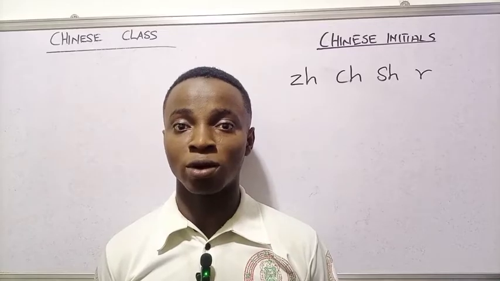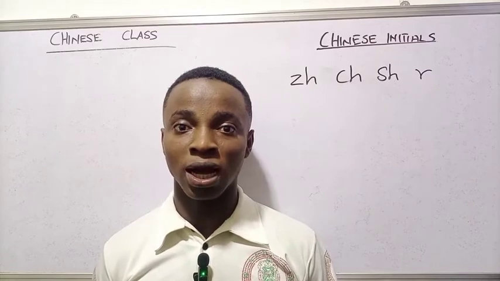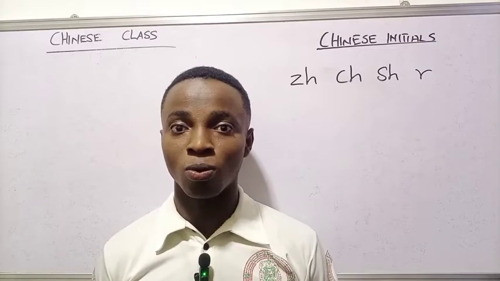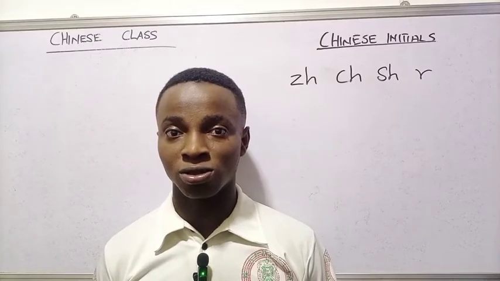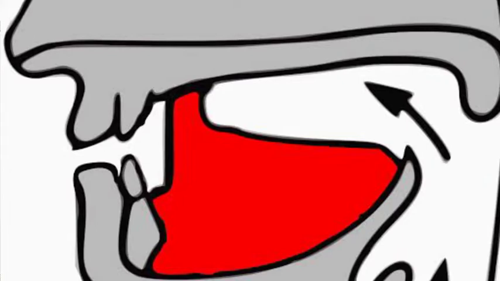Hi, welcome back once again. The initials written on the board are known as the retroflex initials. Why do we call them the retroflex initials? It is because these are sounds we make with the tip of our tongue touching the upper hard palate.